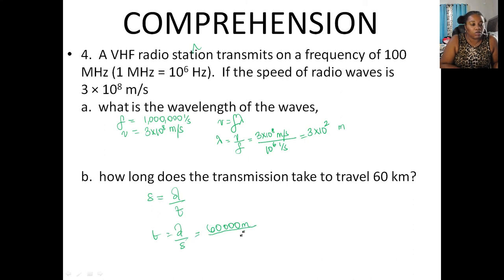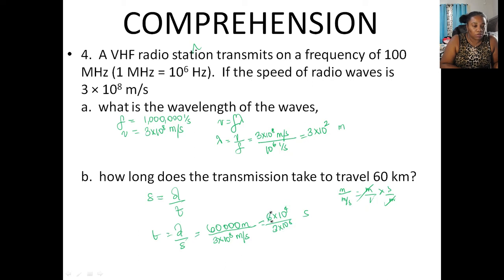So 60,000 meters, and then the speed, of course, is 3 times 10 to the 8 meters per second. And so you're going to end up with units of seconds. Because remember, m over s is equal to m over 1 times s over m. So let's write it out. Let's see if we need to use a calculator. 10 to the 4 over 3 times 10 to the 8.